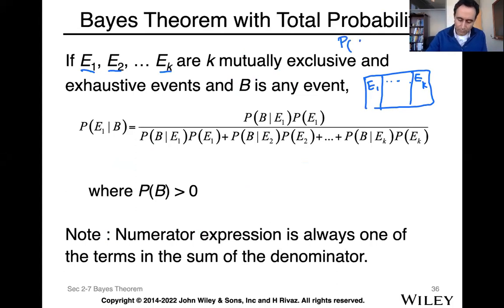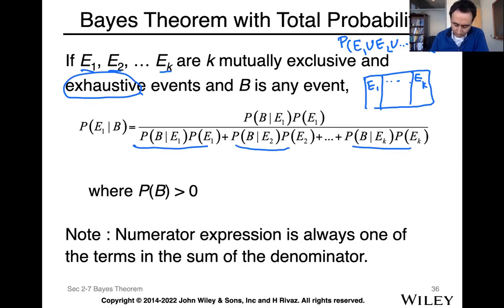So that means that probability of E1 union E2 union EK is 1, right? That's the meaning of exhaustive, means that I have completely exhausted my sample space, right? So I have the Bayes theorem for that case as well. And again, you see that the denominator is difficult to compute because we have to add up many terms.